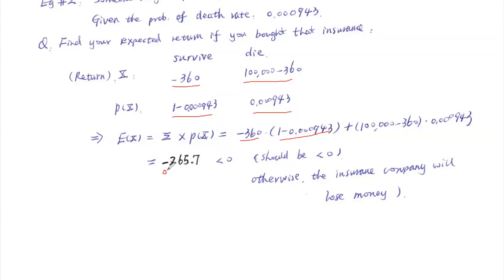Negative $265.7 means what? Means whenever we buy this one insurance, we are losing $265.7. In other words, for the insurance company, whenever they are able to sell one of that policy, they are able to make $265.7 on average.